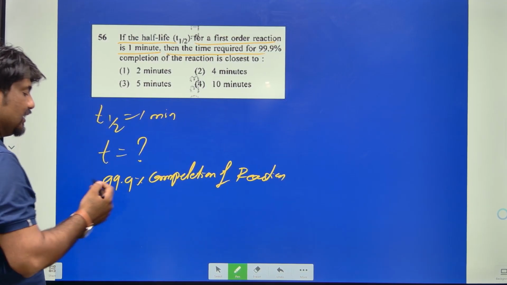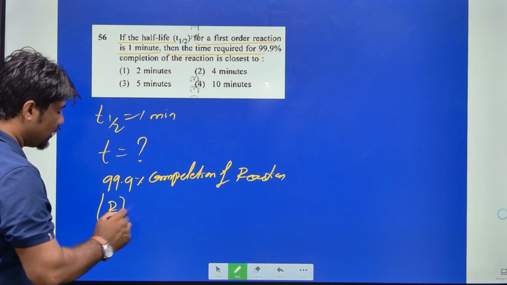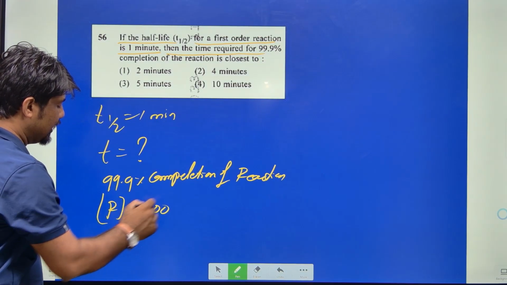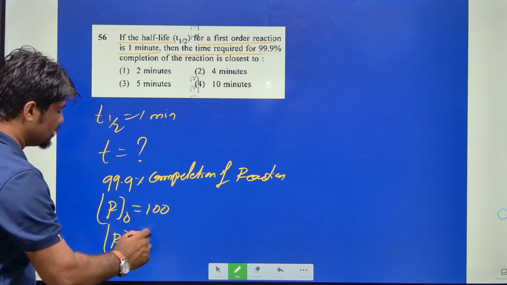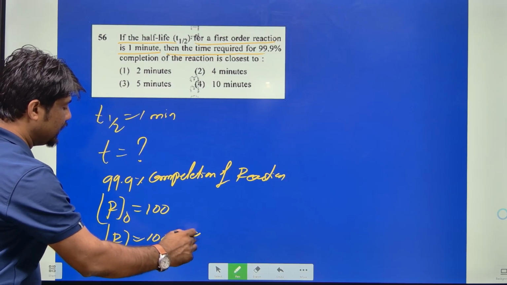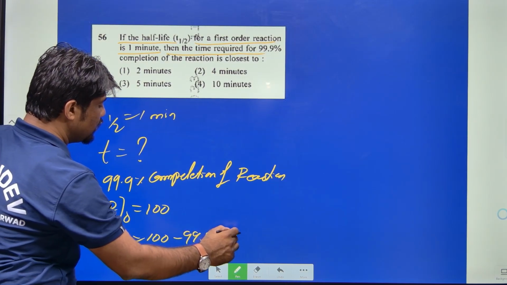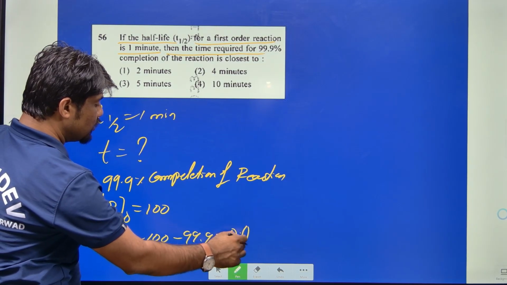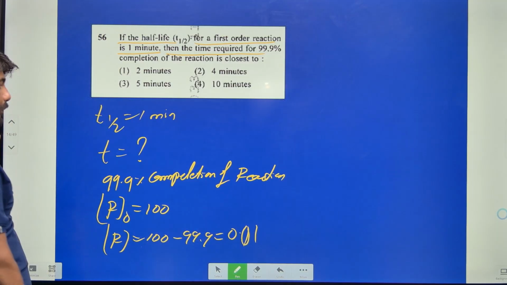What is the t? Then we know that R0 is equal to 100. Then what about the R? R is equal to 100 minus 99.9, nothing but 0.1. 0.1 will be there.